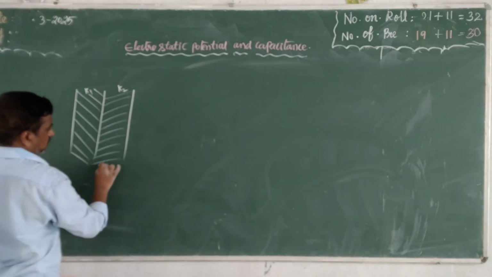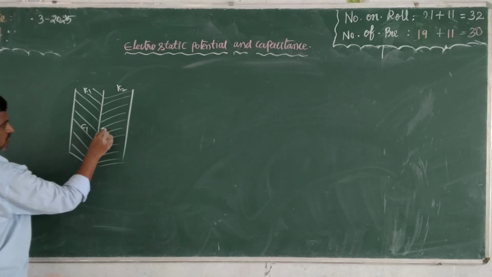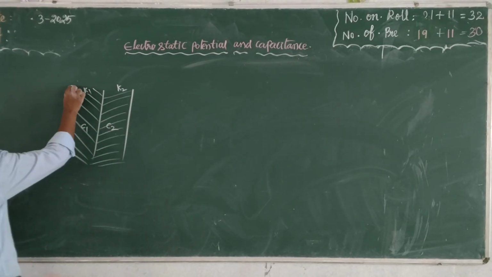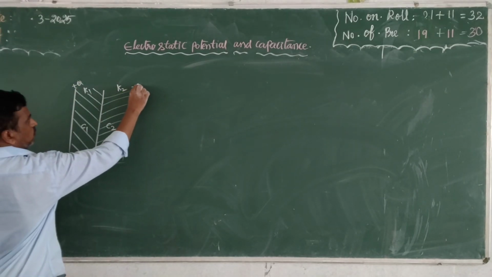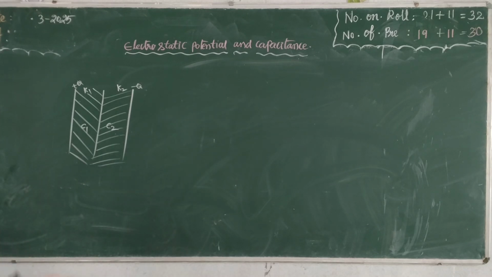So this capacitance is C1, this capacitance is C2. It is plus Q, minus Q here. What do we find out now?